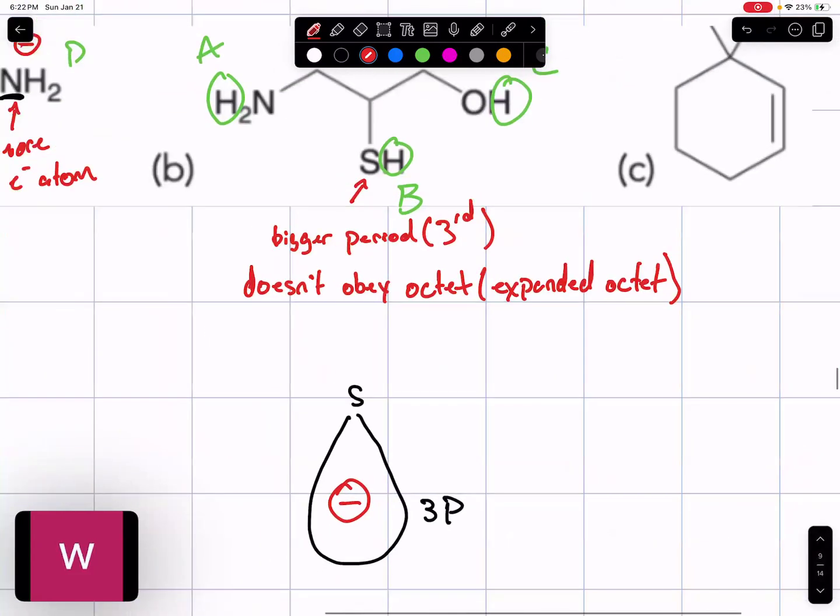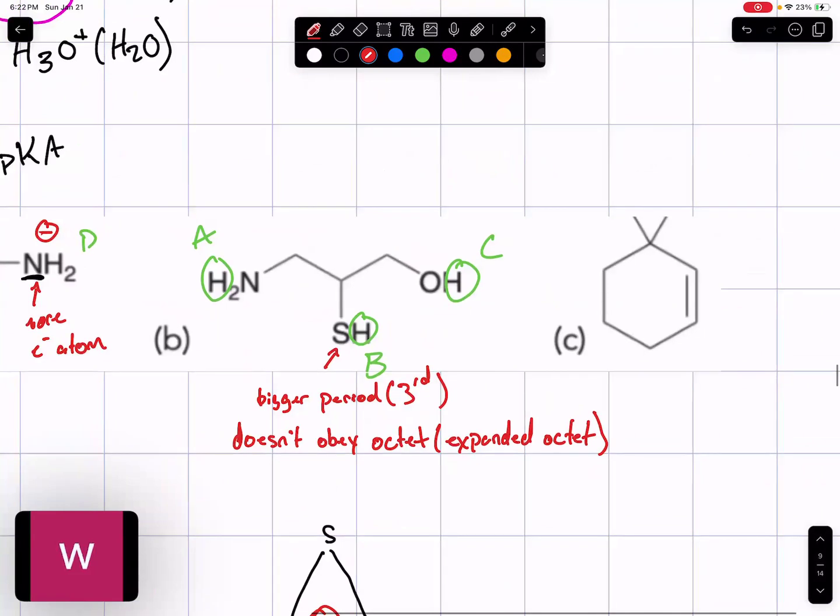And because it's more able to hold that negative charge versus a smaller oxygen p orbital, let's say if this was oxygen's p orbital, this is 2p.